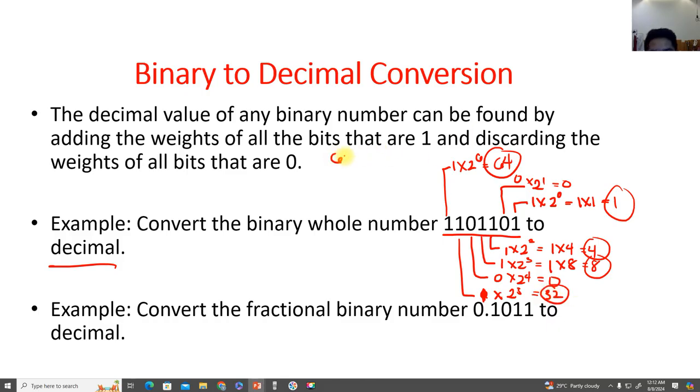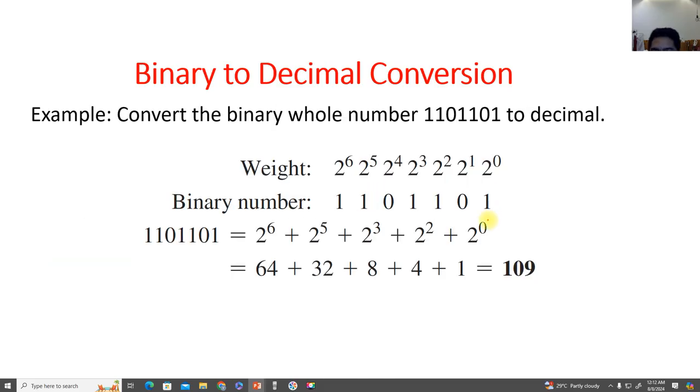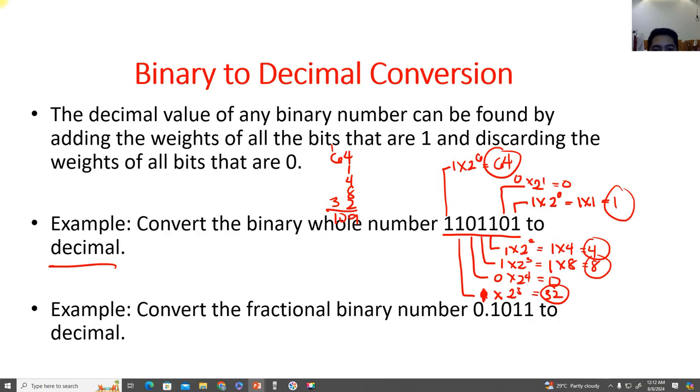So we add that: 64 plus 1, 4, 8, 32. If we add 10, 14, 18, 19, we have 7 plus 3, we have 109. So that's our answer here, 109. So our answer to converting 1101101 is 109 in terms of decimal, right?